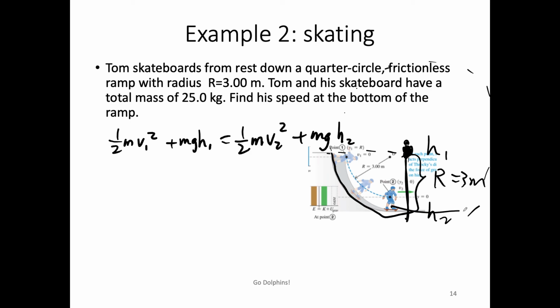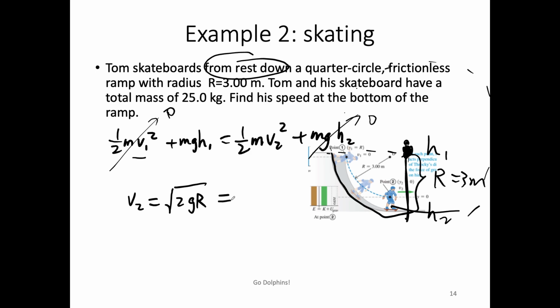I can choose h2 to be 0, then h1 is 3 meters. And Tom skates down from rest, so initial kinetic energy is 0 because v1 is 0. And h2 is 0. So I can solve for my v2 now. The equation gives the square root of 2gr. Plugging in all the numbers, it is 7.74 meters per second.